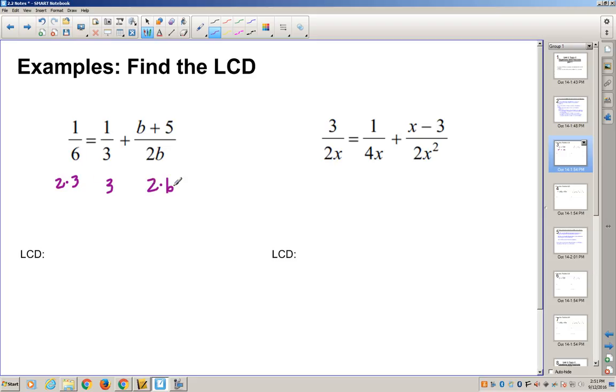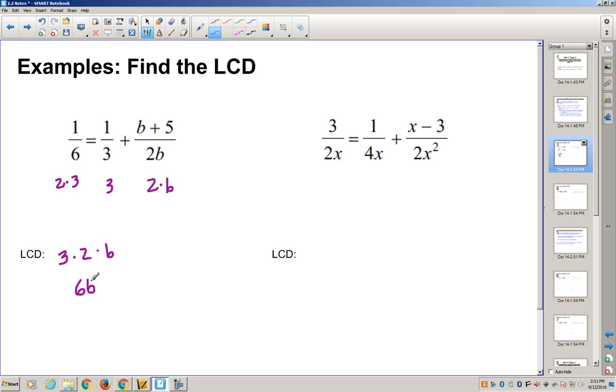So when we look at all these, each one of them needs to be represented in the LCD. So the fact that you have a 2 over here and a 2 over here, but not one here, there needs to be one there. So basically, your LCD needs to consist of a 3, a 2, and a b. And so when you multiply all of those together, you get 6b.